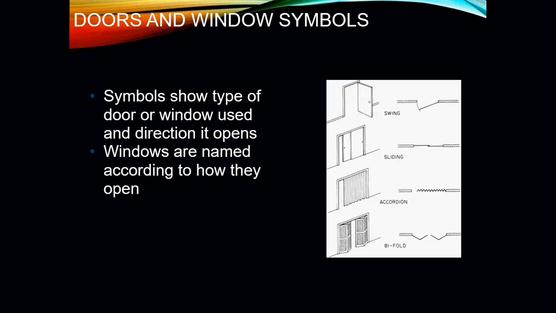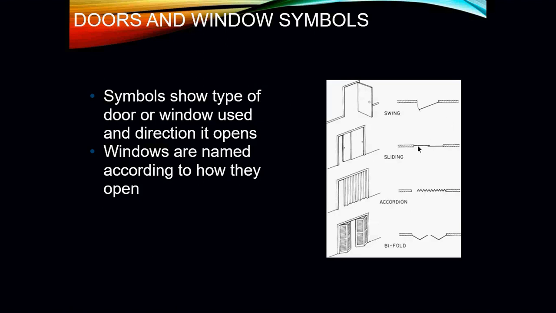With your doors and windows, symbols show the type of door and window that's going to be used, and they also show the direction that they are going to open. Your windows are named according to how they open. Here is a simple swinging door. This swinging door is going to open to the right.